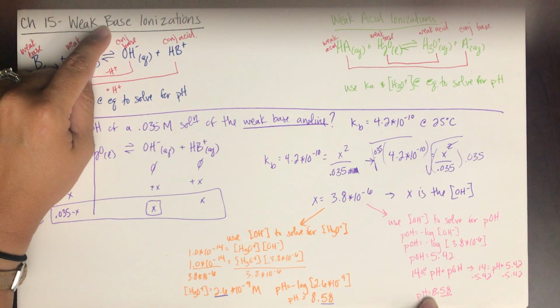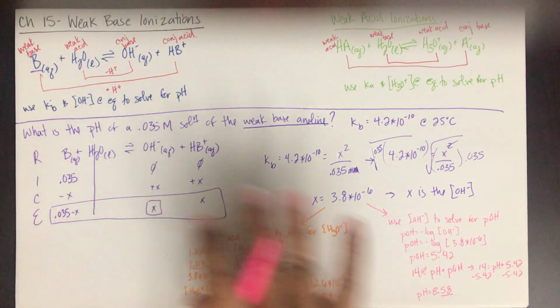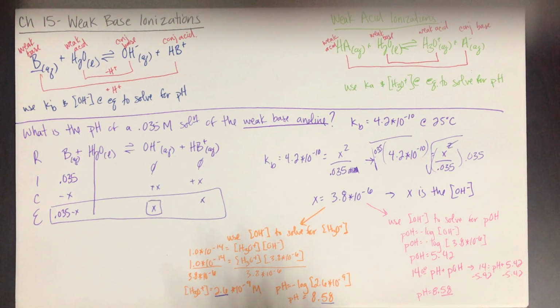That doesn't make any sense. Here we did a weak base ionization and we got numbers that were greater than 7. This makes sense. This would just be a good way to check that you didn't accidentally set up your problem wrong or make a calculation error somewhere along the way. Think about what the calculation is trying to tell you. This is a base ionization, which means it should give you a basic pH.